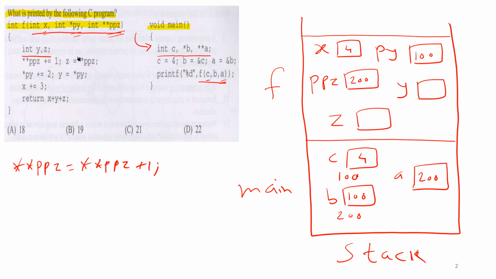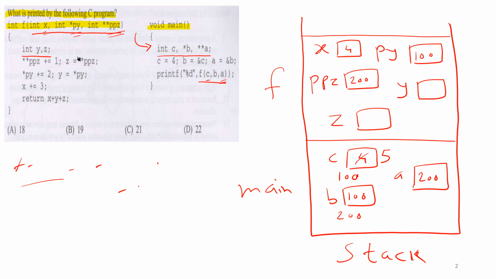A star on that will give you 100 and a star on that will give you 4, right? So what we get is the value of c, which is 4, plus 1, which is 5, and this 5 should be assigned to **ppz. So through ppz we are going to modify this variable c in main, which makes it 5.